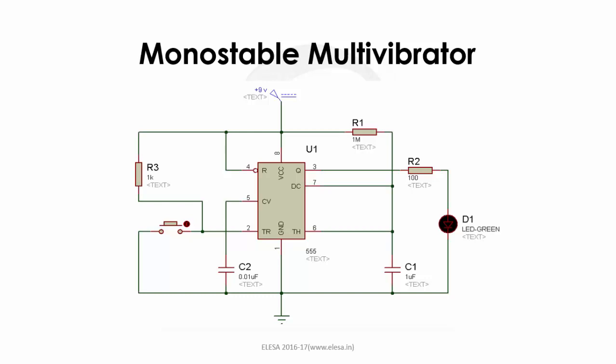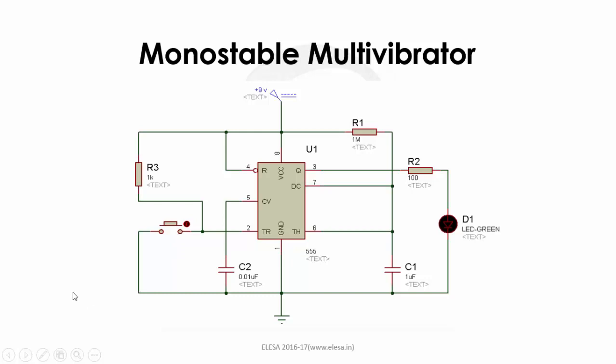As shown in the circuit, there's an external resistor, capacitor and a push button as trigger switch. The charging time constant of this RC network determines the duration of the quasi-stable state, or we can say the pulse width. We can transfer the multivibrator from stable state to quasi-stable state by using the push button as trigger.